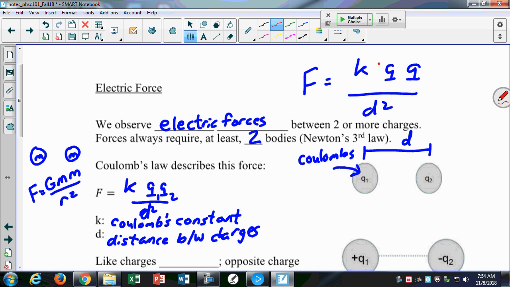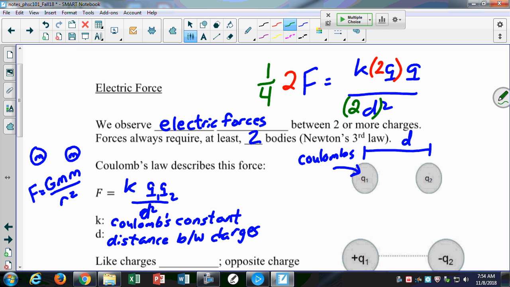If I increase this by a factor of 2, that means the force is going to go up by a factor of 2. Whereas if I increase d by a factor of 2, it's going to go down by what amount? That's right, by a factor of 4. You're getting it, because I get a 1 over 4 here.